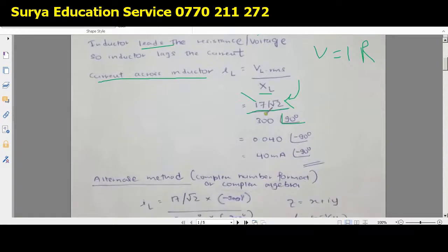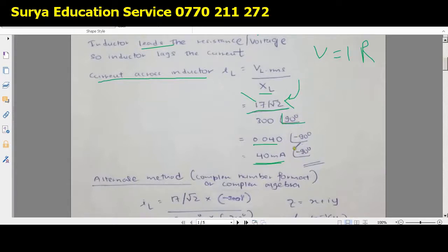Okay, so 17 divided by root 2 divided by 300, I think the value would be 0.040 something like that. So you can put 40 milliamperes, because this value is in amperes, so this is milliamperes. So 40 milliamperes, but this 90 comes up. This is complex algebra, so this 90 will come up.